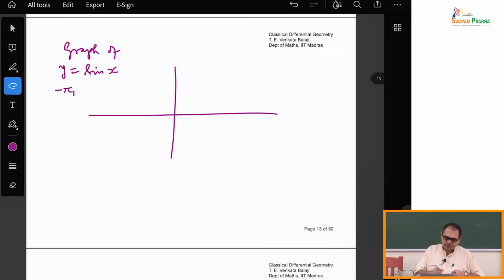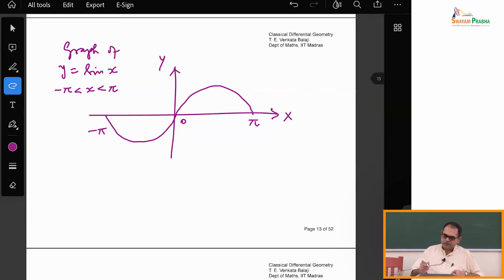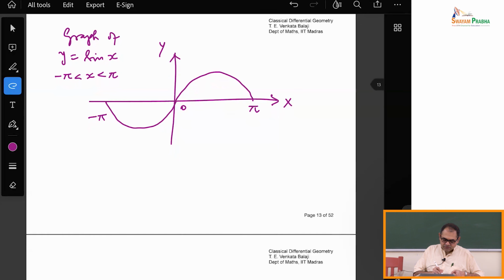You are taking it from minus pi to pi, and therefore you are going to get this portion of the sine curve. We want the curvature, the unsigned curvature function, and this is given by kappa of x.